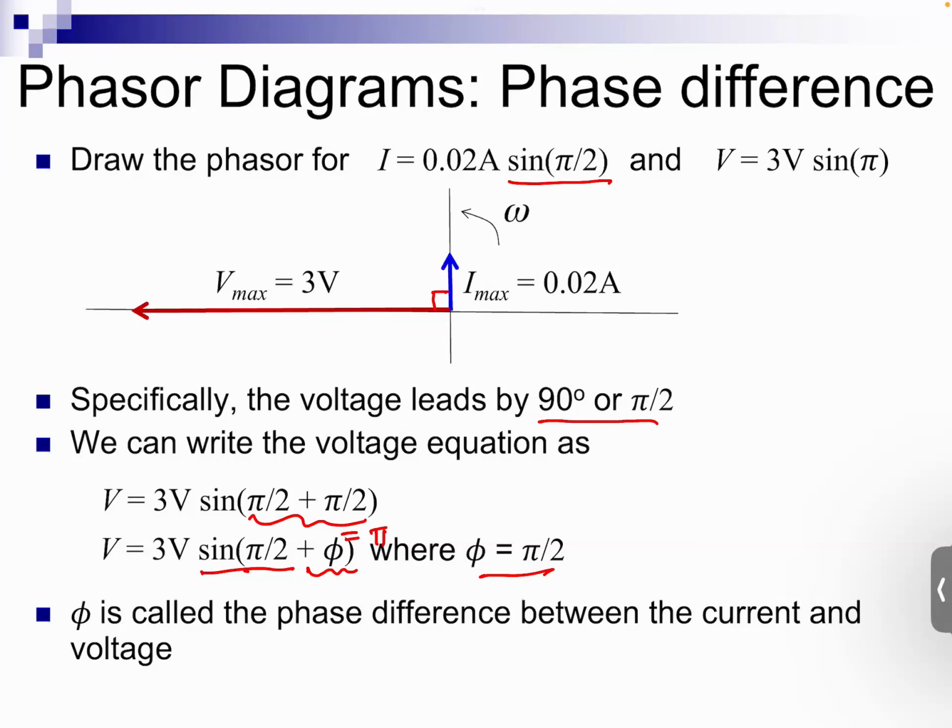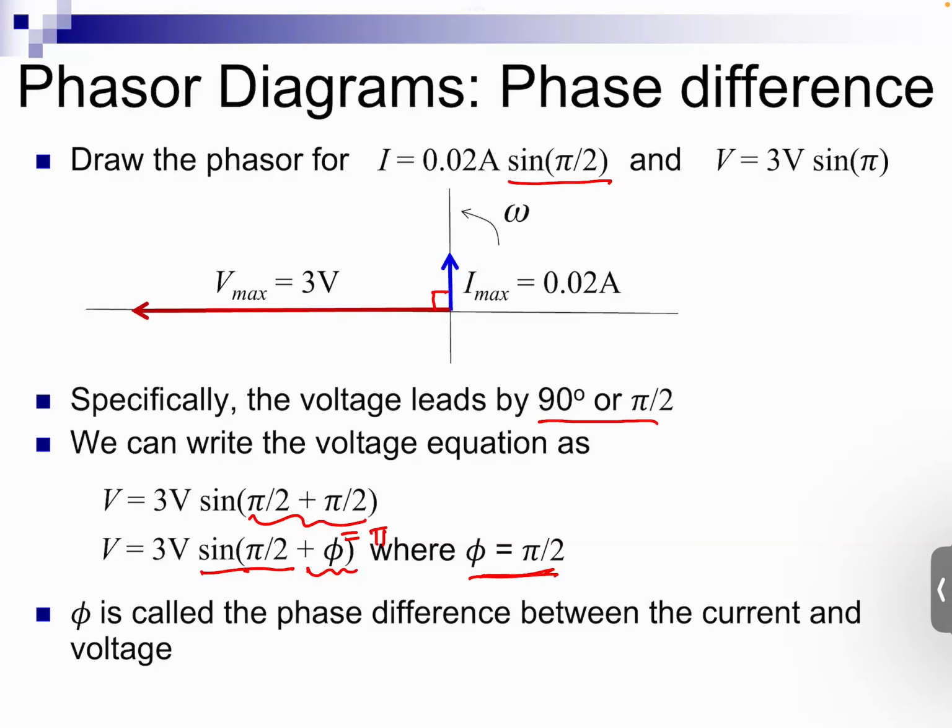And as you can see from the phasor diagram, the voltage leads the current by pi over 2, which is equal to the phase difference. Right? Is that making sense so far?